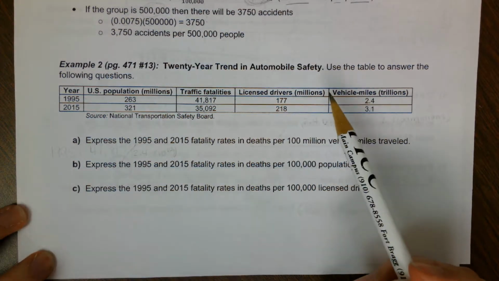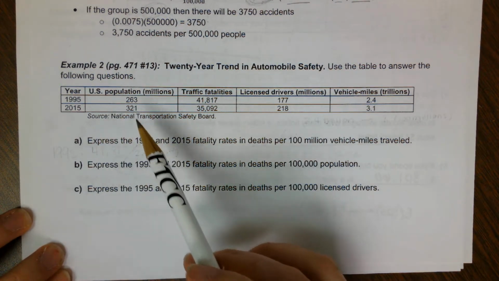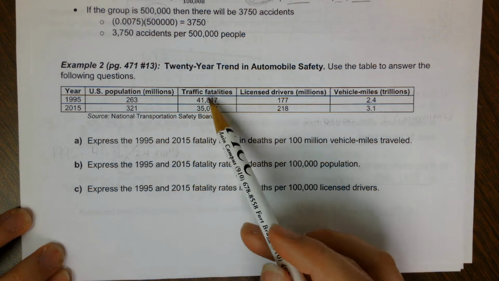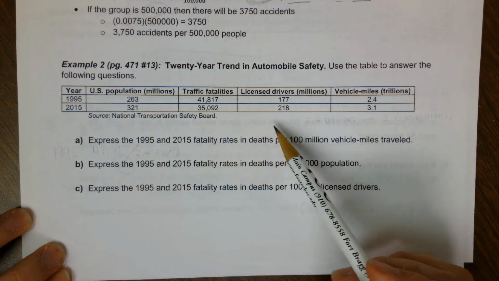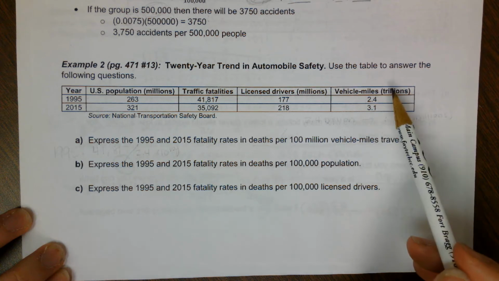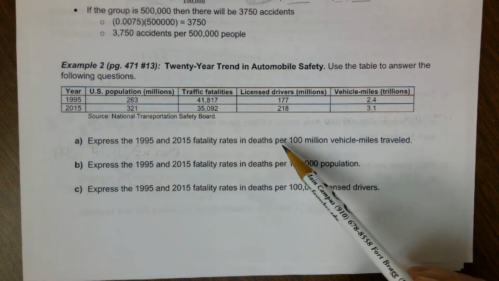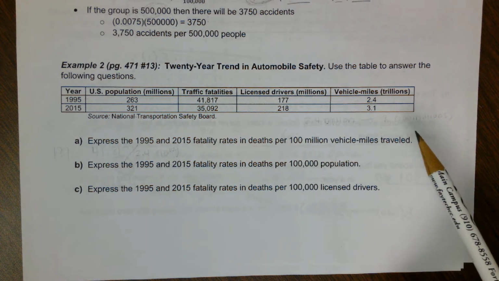Okay, now let's look at automobile safety. Here we have 2 years. We have the population in millions for those years, the number of fatalities for that year, the number of licensed drivers in millions, and the number of vehicle miles driven in trillions. We're going to express the two fatality rates as deaths per 100 million vehicle miles traveled.